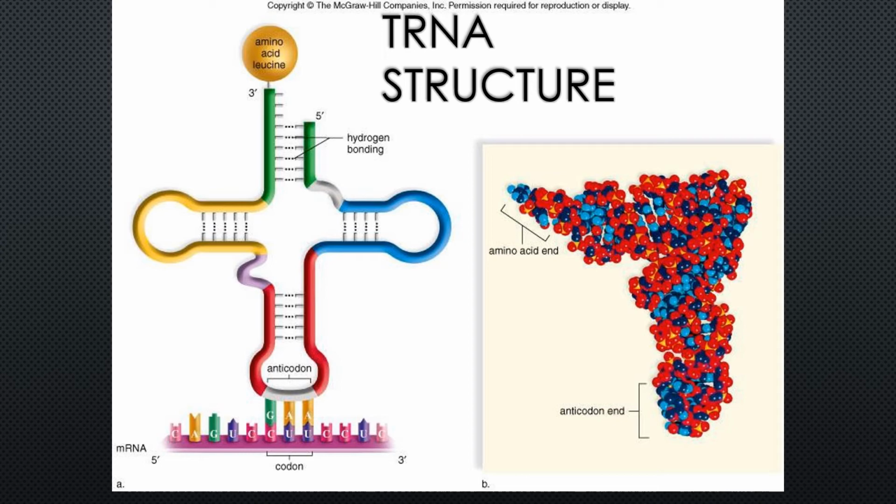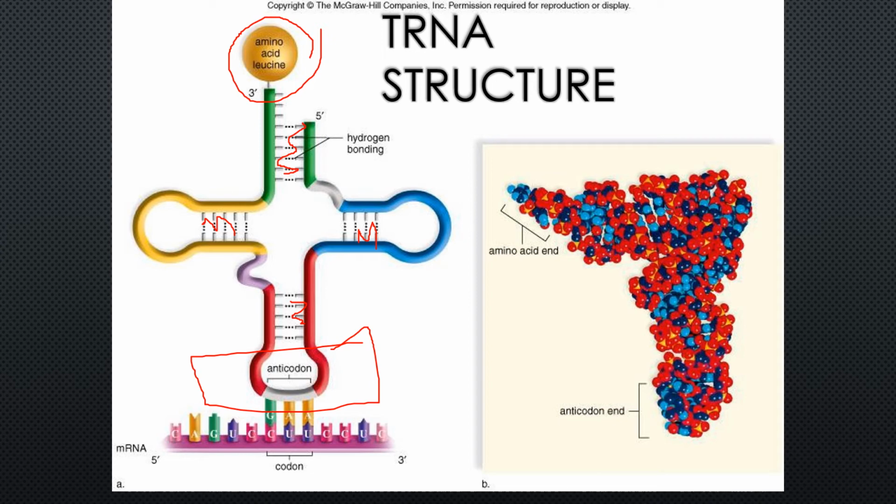So let's look at that real quickly. We have an amino acid at the end here, usually leucine, and through hydrogen bonding, it will complement with itself to do some folding like this, right here and right here, and then also down here. And then it has a portion called an anticodon end. And that's something that should be somewhat self-explanatory.